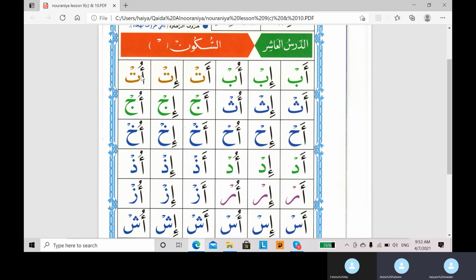Hamza, kasra, tha, sukun, ith. Hamza, damma, tha, sukun, uth. Aisha, it's tha, not ta. Put part of your tongue out. Ath, ith, uth. Yes, like that.